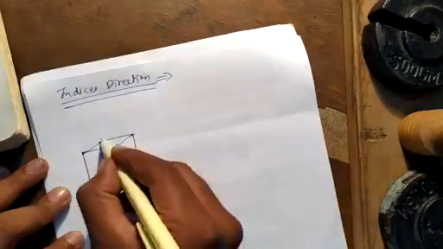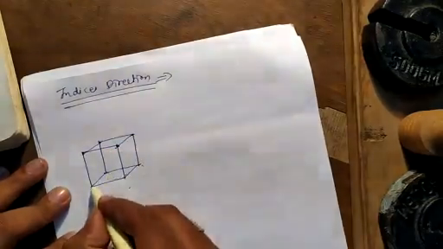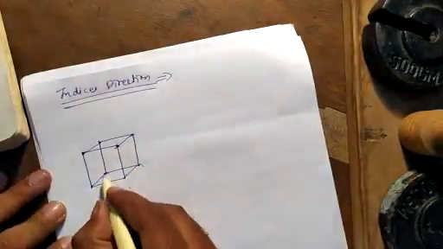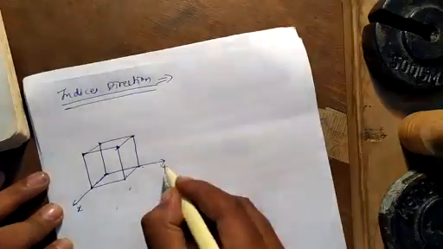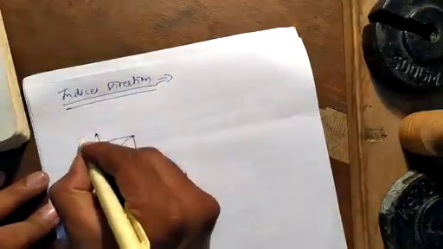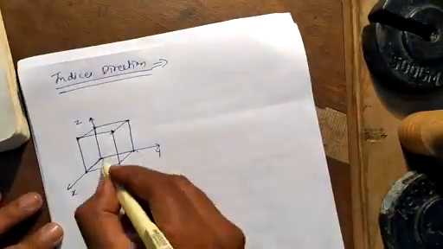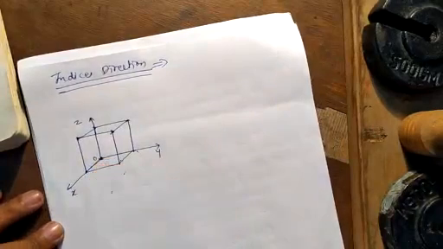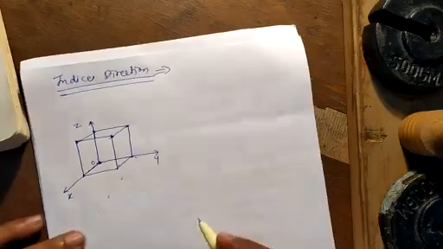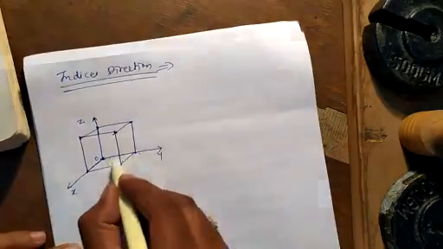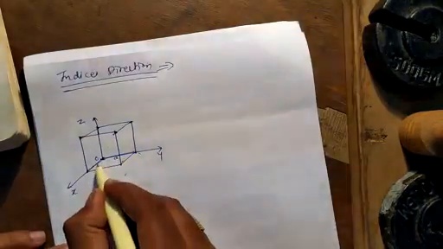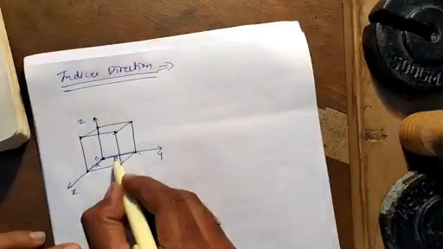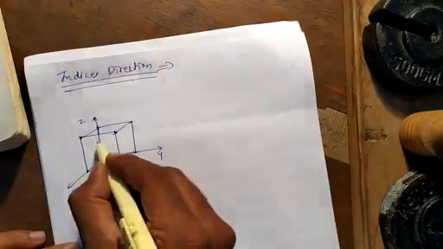These are the lattice points, and suppose this is the x-axis, this is the y-axis, and this is the z-axis. This is considered the reference point, the origin. Now suppose along the x-axis this is a, along the y-axis this is b, and along the z-axis this is c.